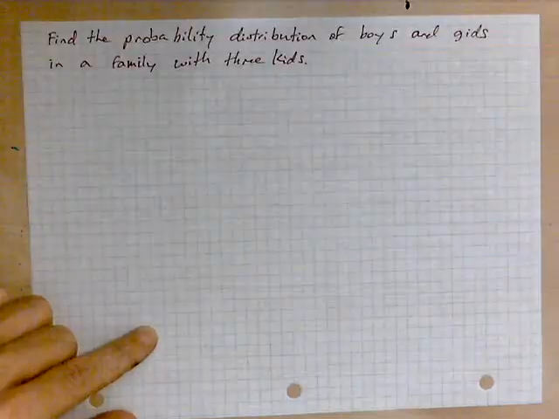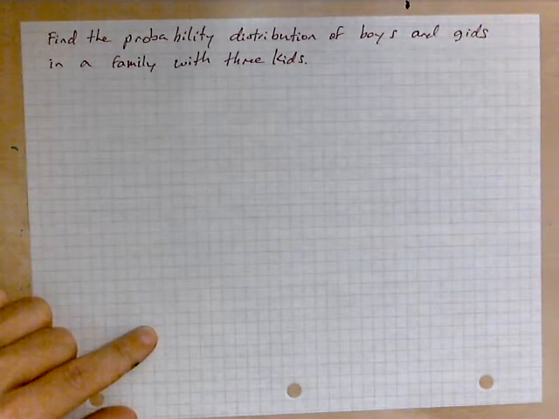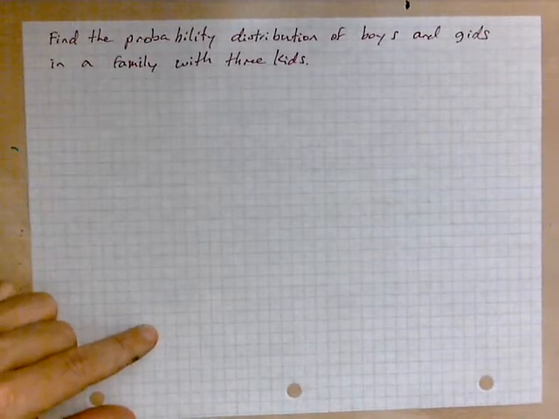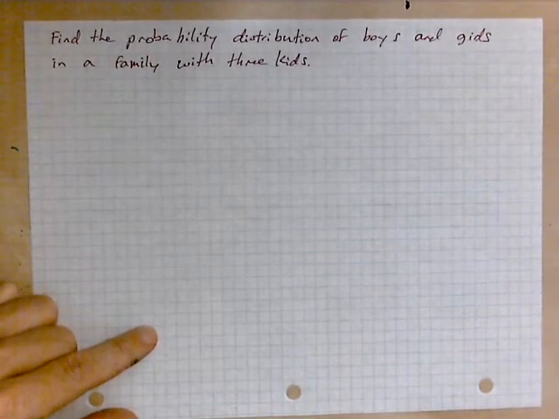And of course you assume here that a boy is as likely as a girl, so the probability of having either one is 50%.